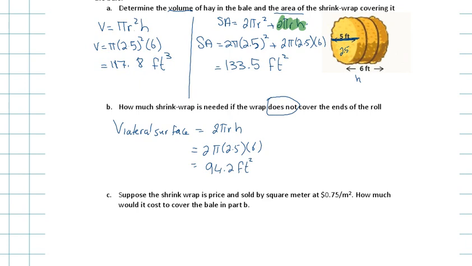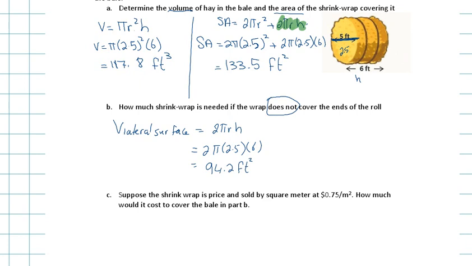How much would it cost to cover the bale in part B? Two pi r squared. We have to convert feet into meters.